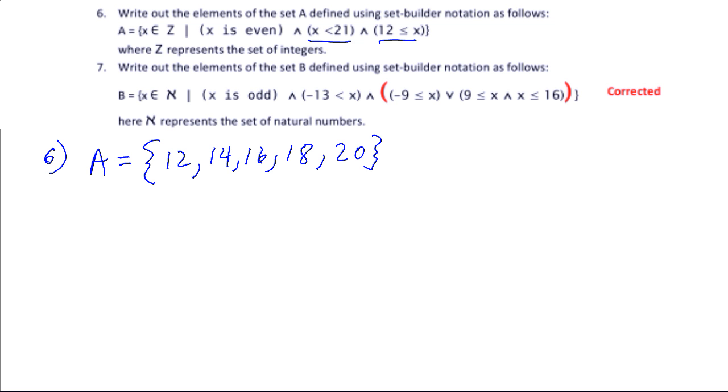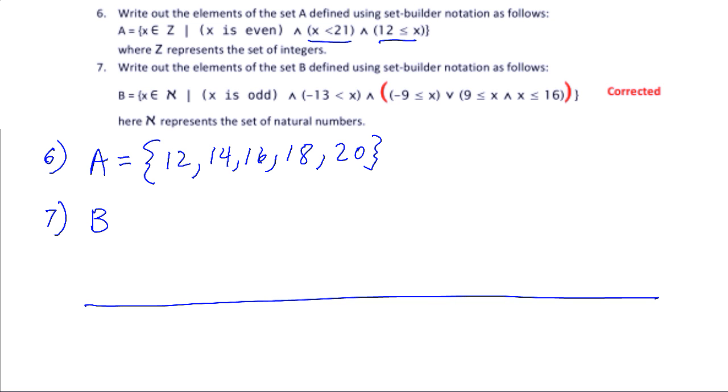On problem number 7, we have the set B, and I'm going to draw a number line for this one because this one's kind of crazy. You'll see I have the corrected version where I put the extra parenthesis. Why did I need that extra parenthesis?